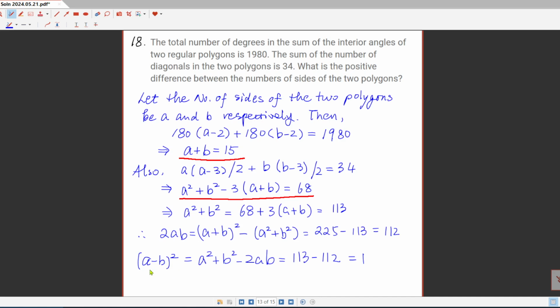Okay, so we know the positive difference between a and b must be 1.